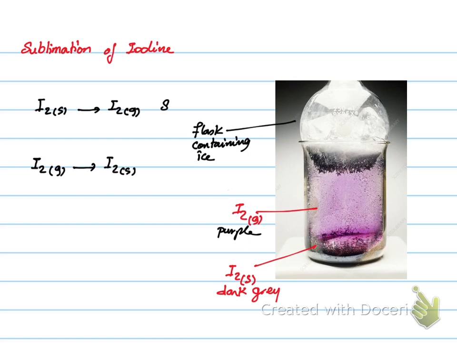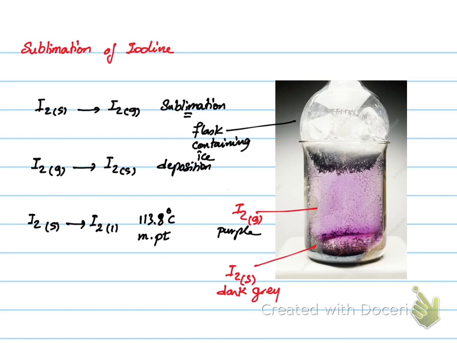So the first equation is sublimation of solid iodine to gaseous iodine, and the second equation is deposition of gaseous iodine to solid iodine. Iodine also can melt from iodine solid to iodine liquid, I2 liquid, if it's heated to 113.8 degrees Celsius. This is the melting point of solid iodine.